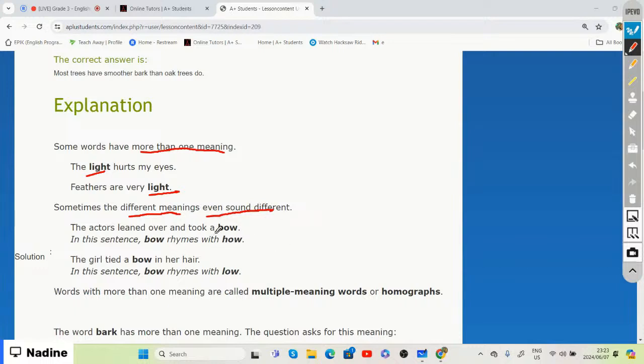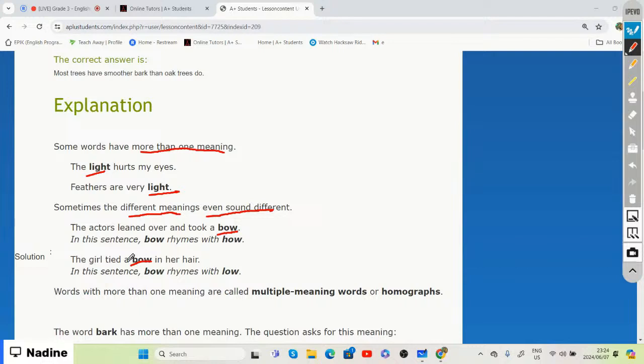So we have words like bow, and we have words like bow. Bow is, let's say, usually what actors do. It's where you lean over and you take a bow, usually when the act or the play or whatever you do is done, then you come and you bow to the audience. It's like a form of a greeting.